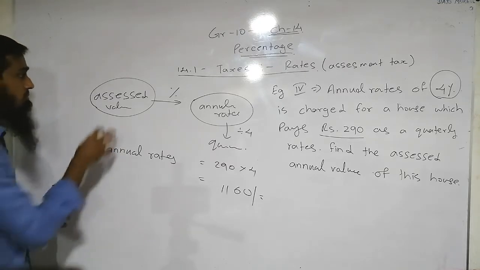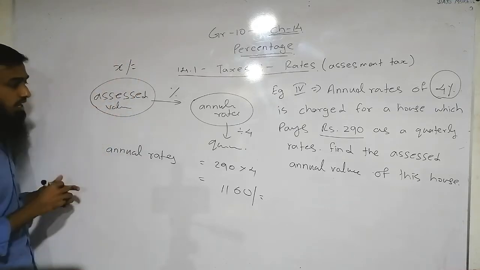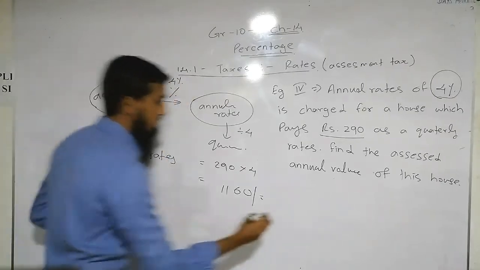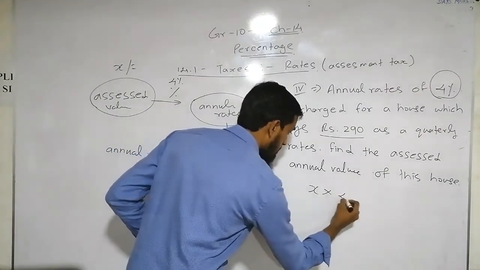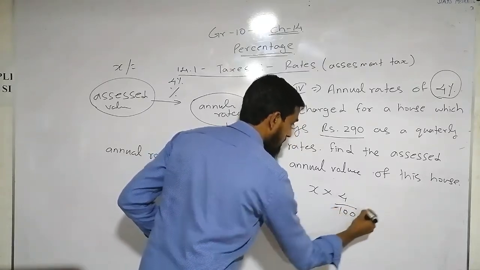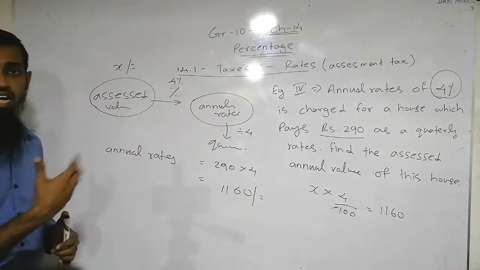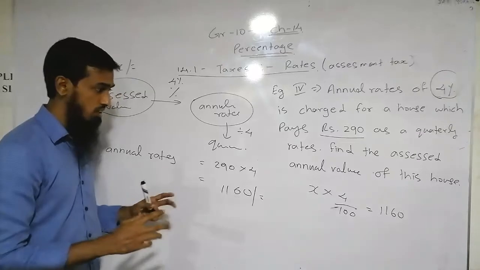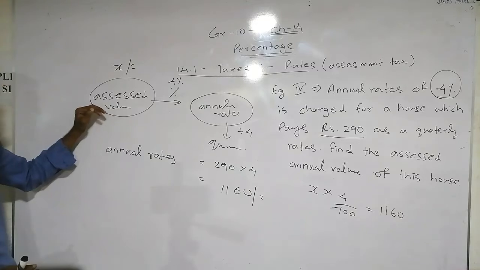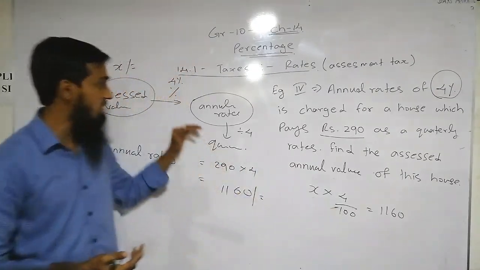From an assessed value of X rupees, 4% is charged. So X into 4 over 100 is 1160. Is that correct? In the earlier first two examples, we found the annual rates like this. If the assessed value is X rupees, 4% of X is the annual rates.